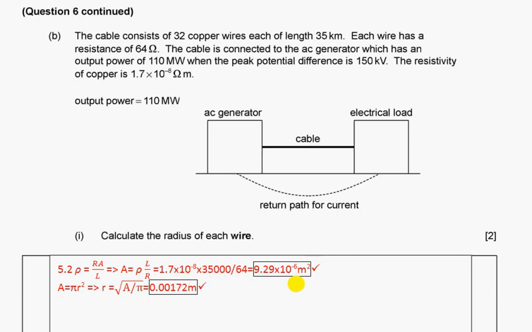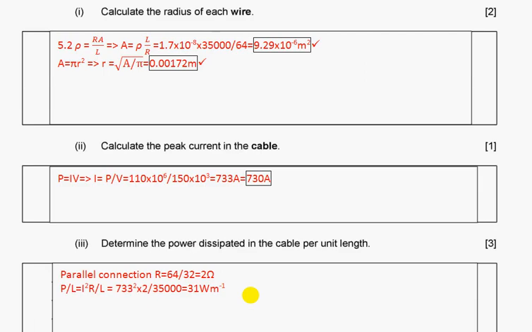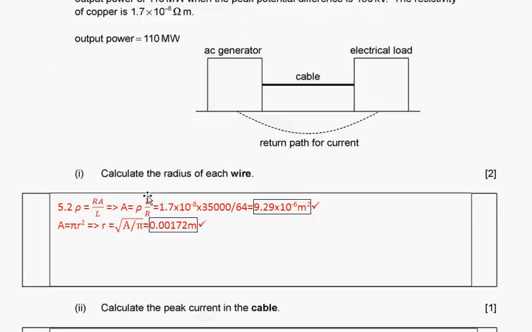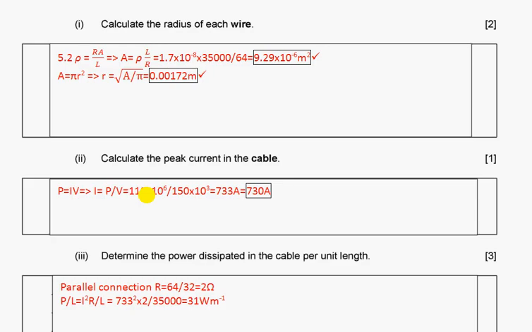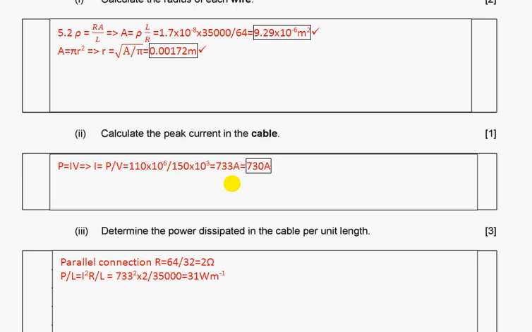Then, knowing the area from the formula A equals pi r squared, we find r to 3 significant figures. Calculate the peak current in the cable. For the generator we have power equals current times voltage, so current equals power divided by voltage. We divide peak power by peak voltage, and we get the value with 2 significant figures.